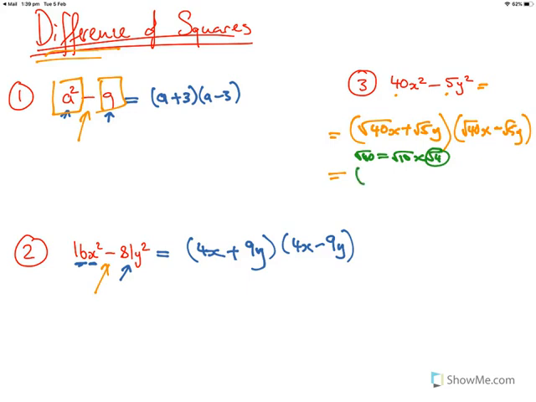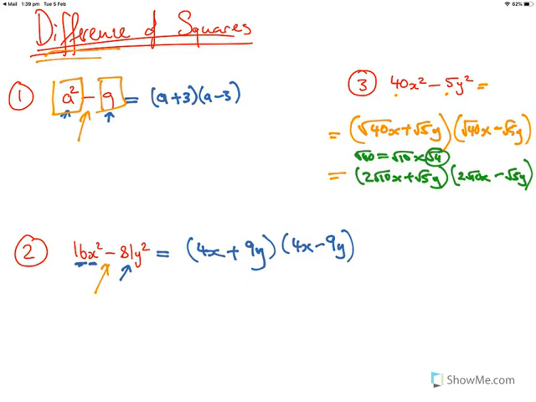So I'm going to go 2 root 10x plus square root of 5y, 2 root 10x minus root 5y. If that last bit doesn't make too much sense, we'll work on it in class. But I know that you probably did a little bit of that in previous years. So have a go at those.